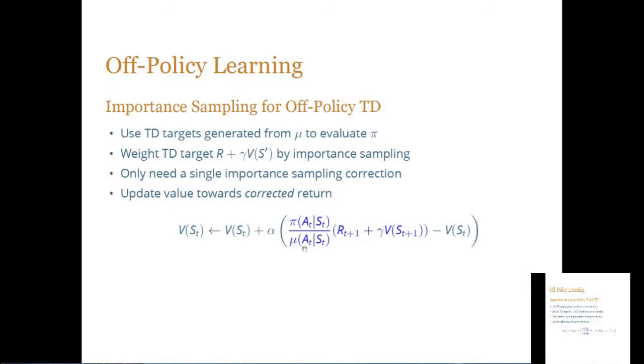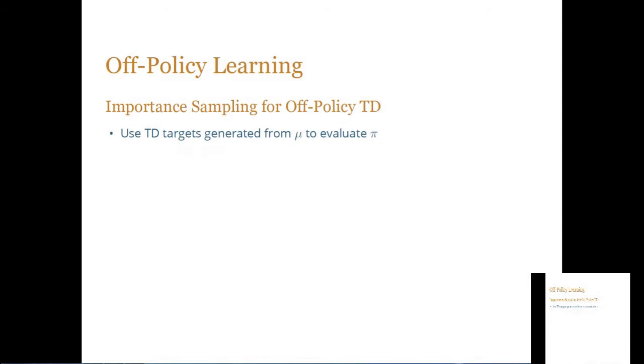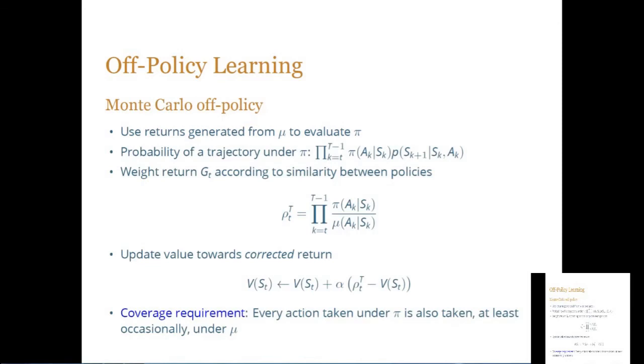Okay, so now I will ask you a question. Why is this model free? Maybe I can go back some slides. Why can we do that in a model free setting? Remember that the probability of a trajectory requires the model to be calculated. It's a very simple answer.